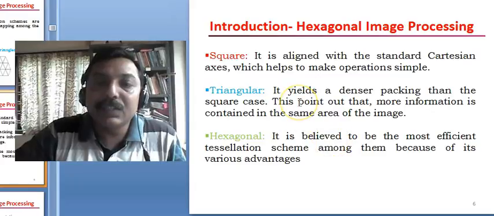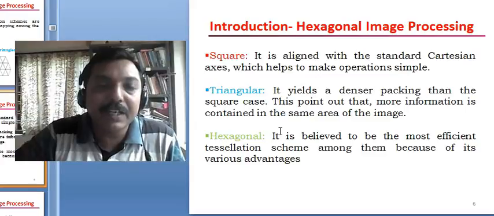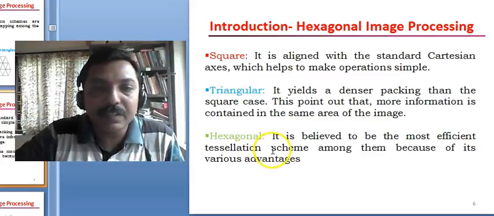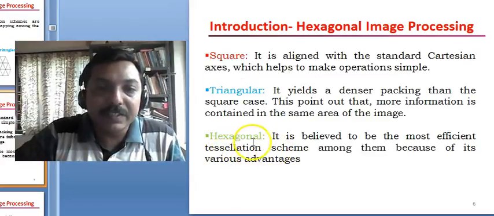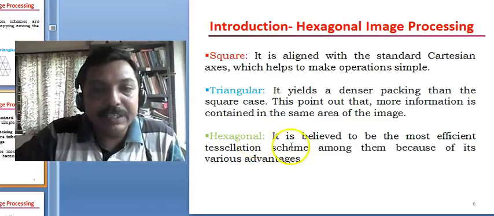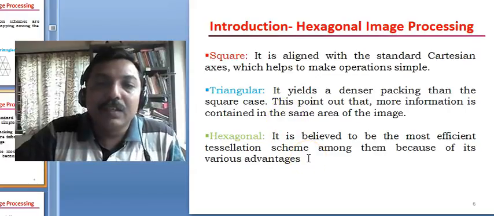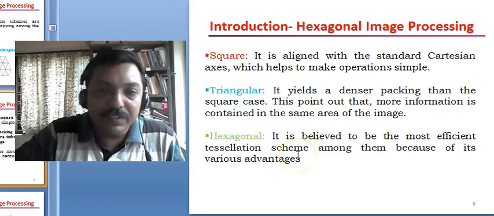In the case of triangles, it yields a denser packing than the square case. This points out that more information is contained in the same area of the image. And finally, we have the hexagonal tessellation, and it is believed to be the most efficient tessellation among the others because it has a variety of advantages.